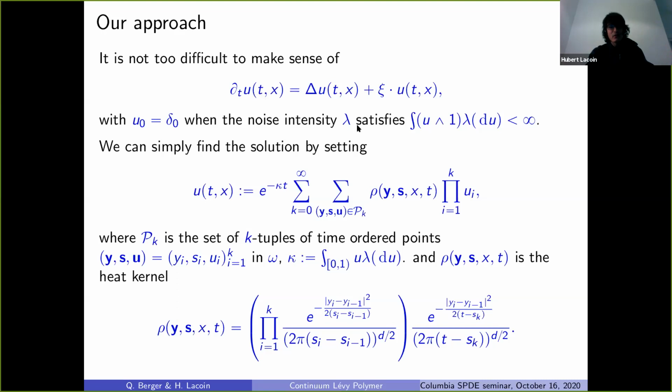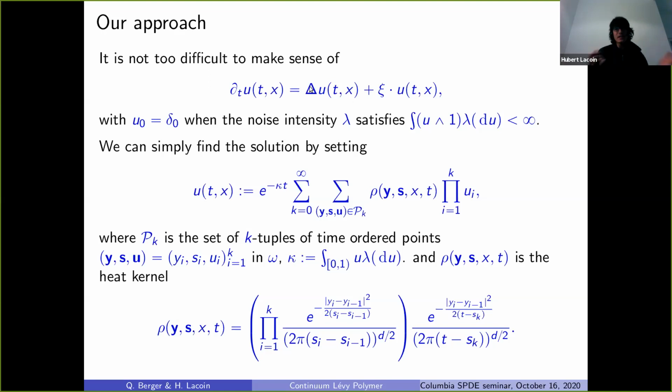And if you want to find the solution of this equation, just run the heat equation, and each time you run into an atom, just add a Dirac mass to your solution, whose intensity will be the intensity of the atom you encounter times the actual value of your solution.